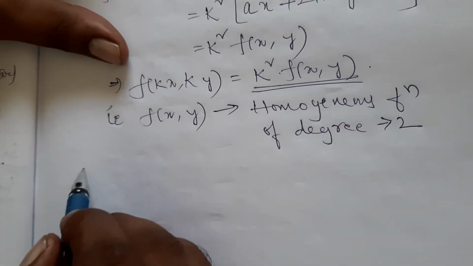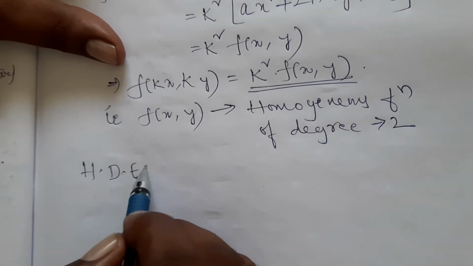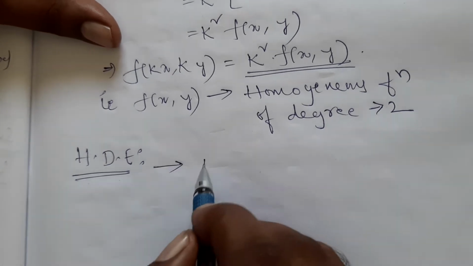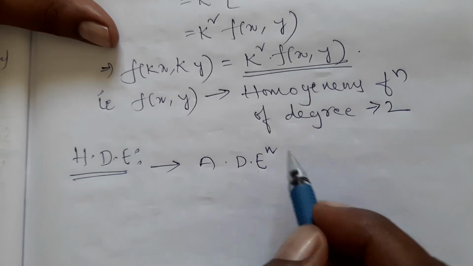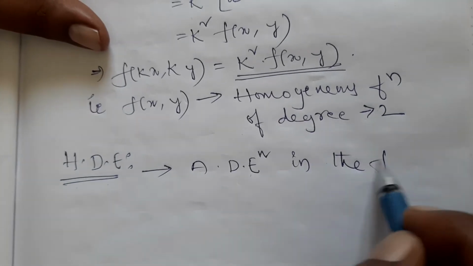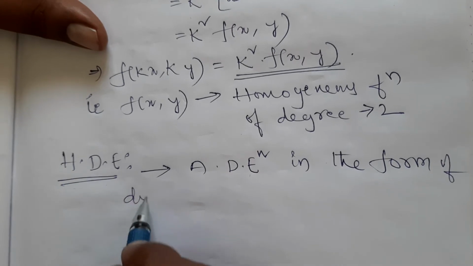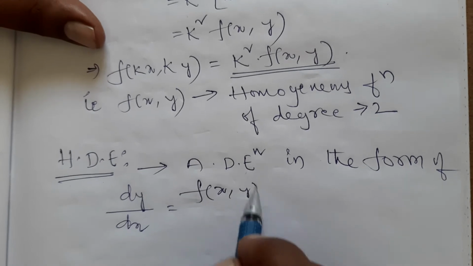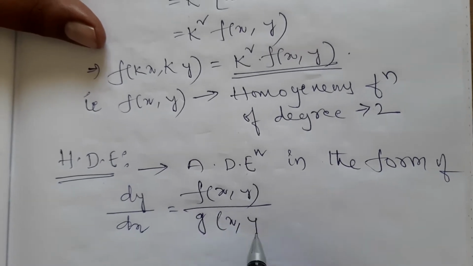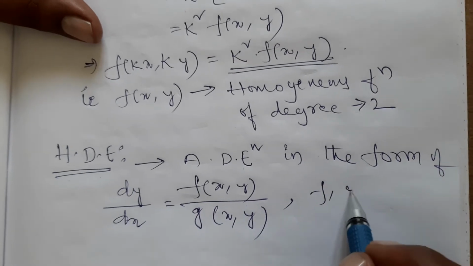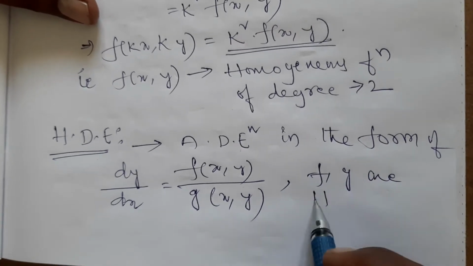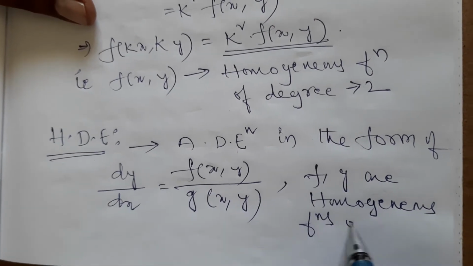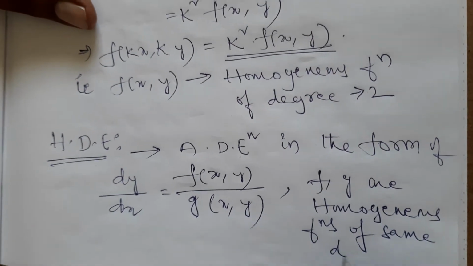Now, what is the definition of the homogeneous differential equation? A homogeneous differential equation is a differential equation in the form dy by dx equals f of x comma y by g of x comma y, where f and g are homogeneous functions of the same degree.